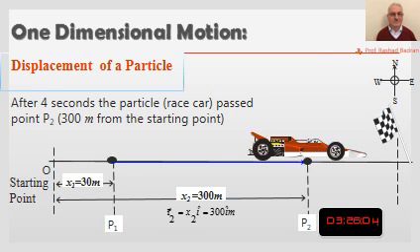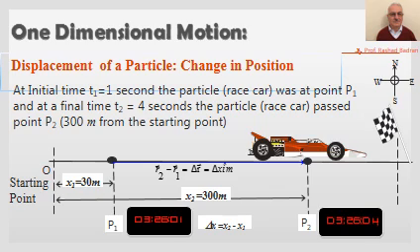After 4 seconds of the car's motion from the starting point, it is found at point P2, 300 meters away towards the east. Thus, the position vector of the particle at P2 is 300 meters i hat.